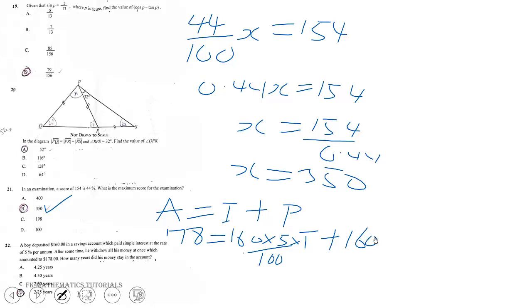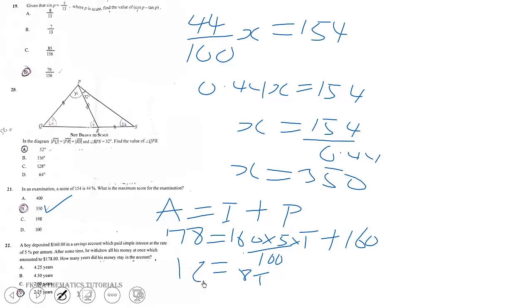So 20 goes into 160 8 times. So 8t will be equal to 178 minus 160, which is 18.